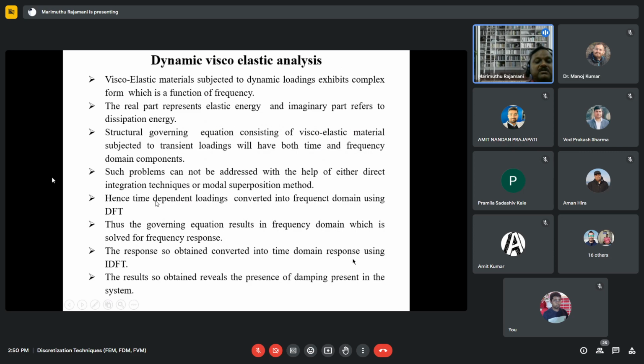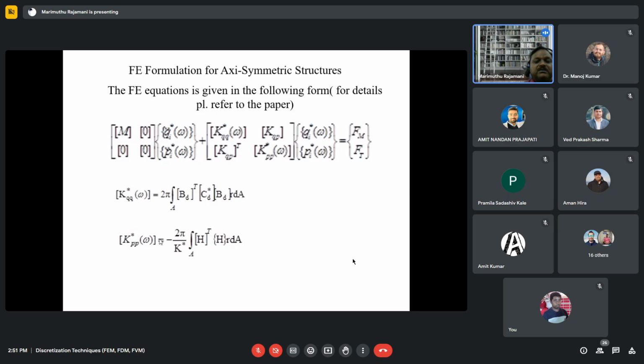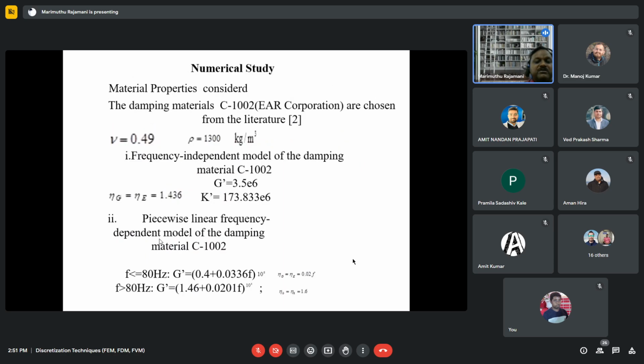Then you solve in the frequency domain and get the solutions, and take the inverse Fourier transform, which will predict the damping present in the system. I'll show you some of the problems, how the damping, Poisson's ratio, and material properties matter. I'll show you the problem, then I will come to this.